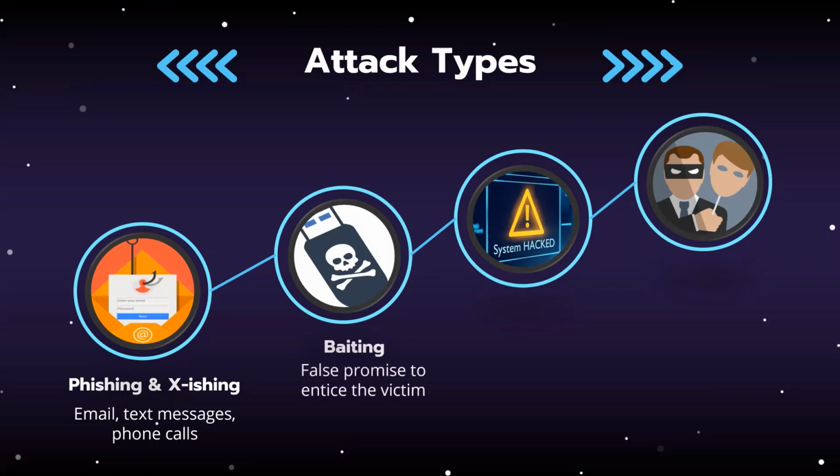Then we have baiting. This plays primarily on curiosity, and it can be conducted via hardware or software. And it's a false promise to entice the victim. In fact, there was an experiment conducted in 2016 by Black Hat, which is a very well-known cybersecurity company.